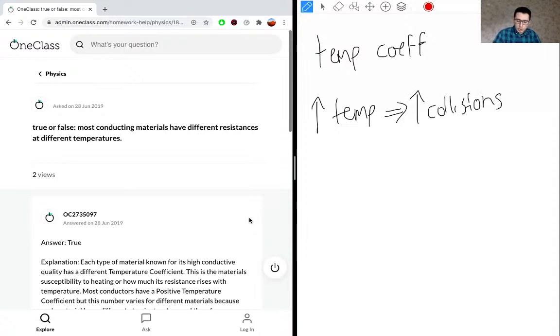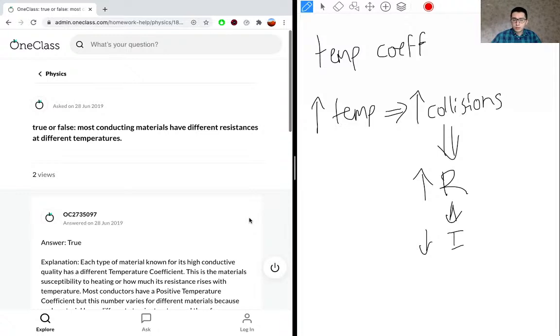And then because there's more collisions between the electrons, the flow of the current will decrease. This is because the increased temperature causes an increased resistance. This increased resistance is represented by the increase in collisions, which decreases the flow of electrons, and this decreases our current flow, which we represent by I. So when we increase the temperature, there will be increased resistance.